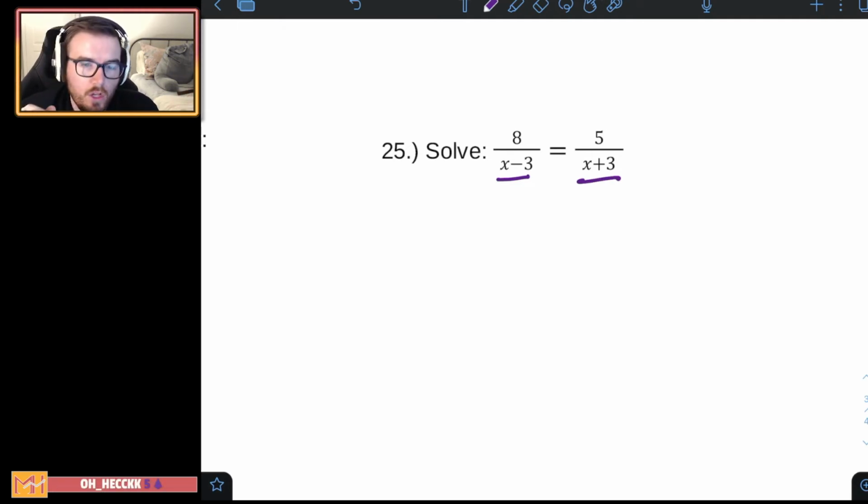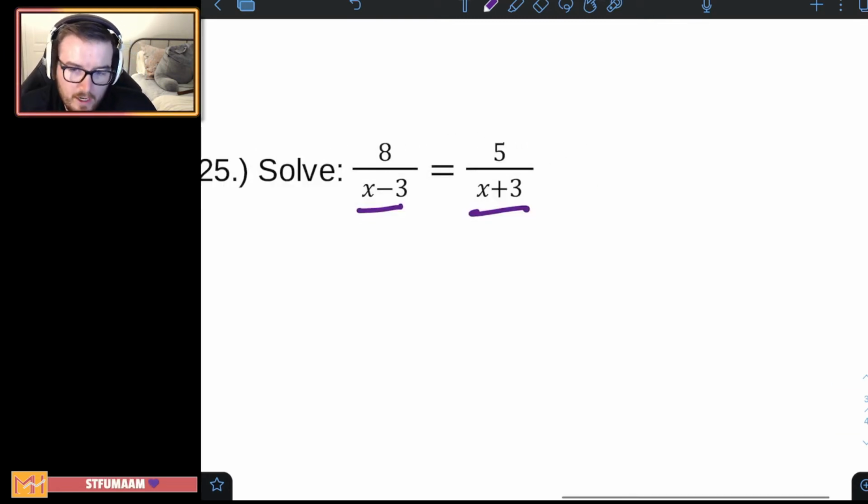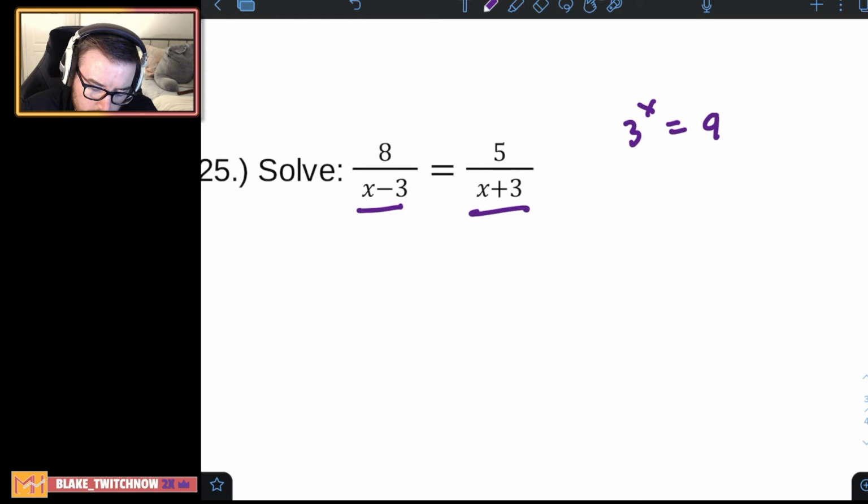the numerators. I probably said this in class, but if I dare to compare it to exponent problems, you remember these types of problems, right? Something like that.